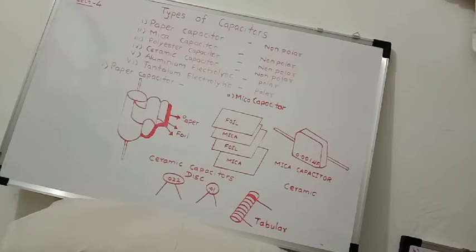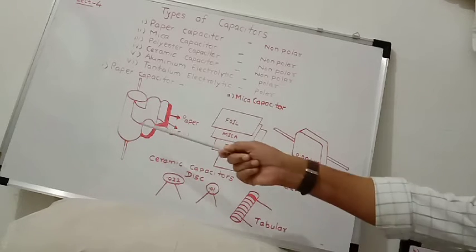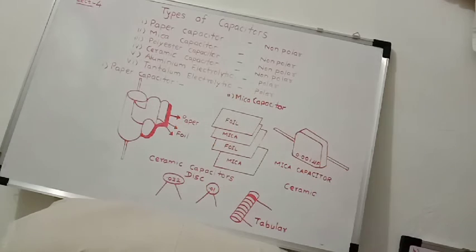The construction of a ceramic capacitor is different from the paper capacitor and mica capacitor. It is constructed by depositing silver on each side of a very thin plate of ceramic, a very thin disc of ceramic material.